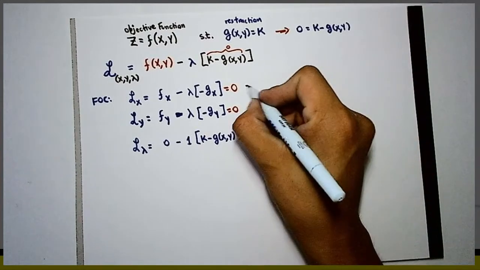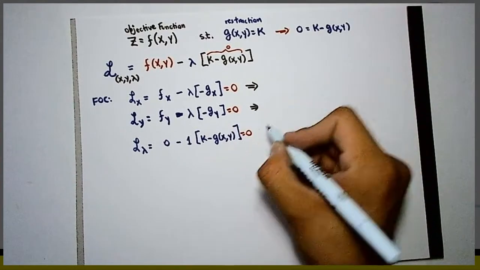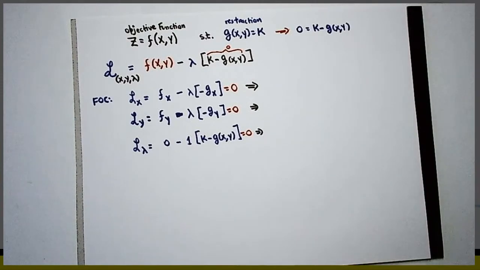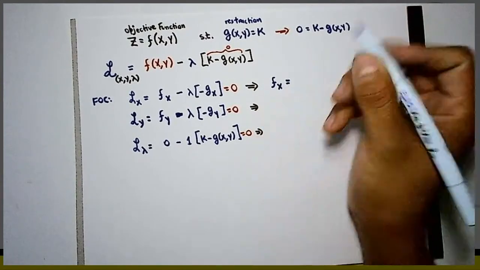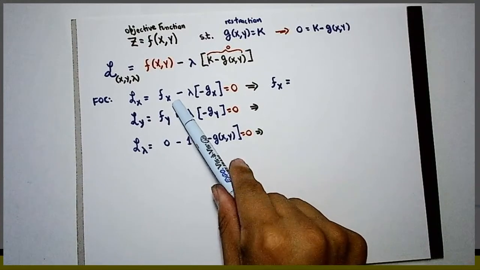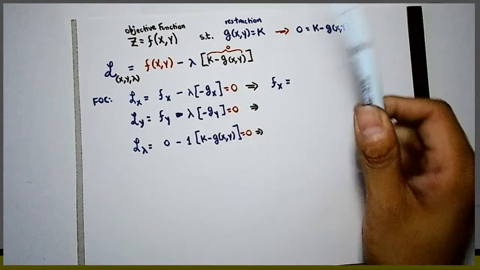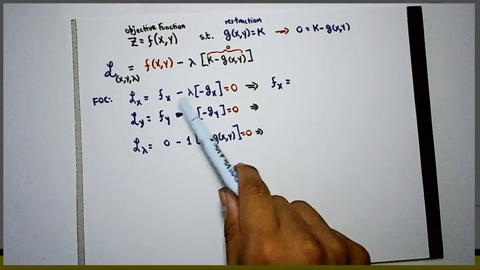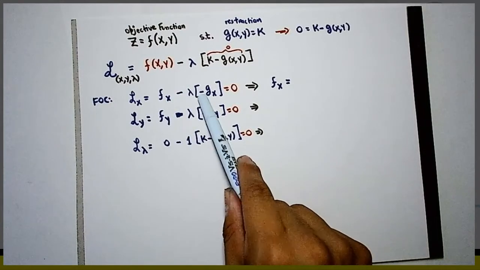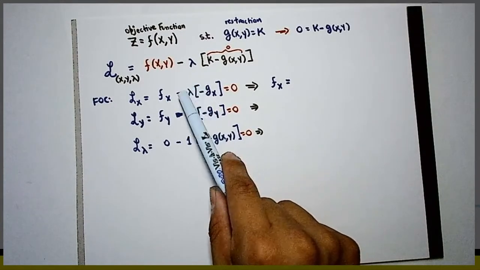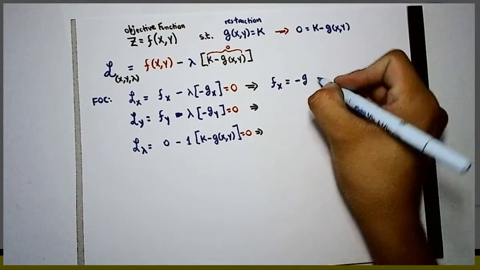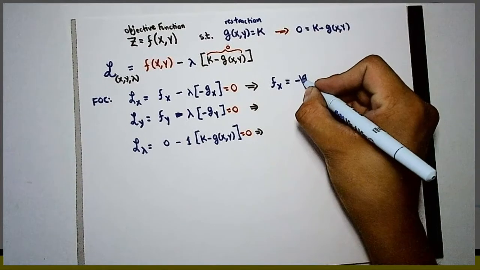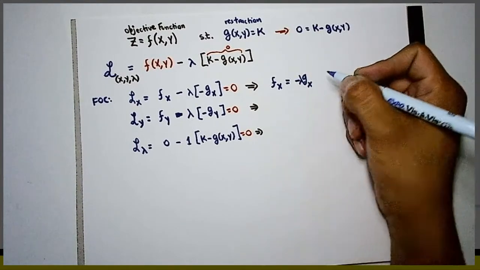Now from here, we're going to have 3 equations. And pay attention to this. Here we have the partial derivative of the function with respect to x is equal to, negative times negative was positive, and we are moving lambda gx to the other side. So this is minus lambda gx.